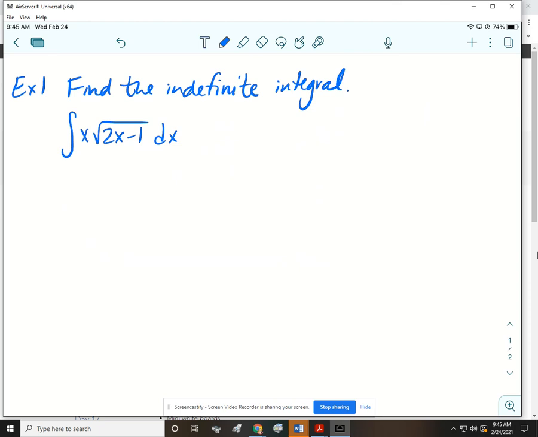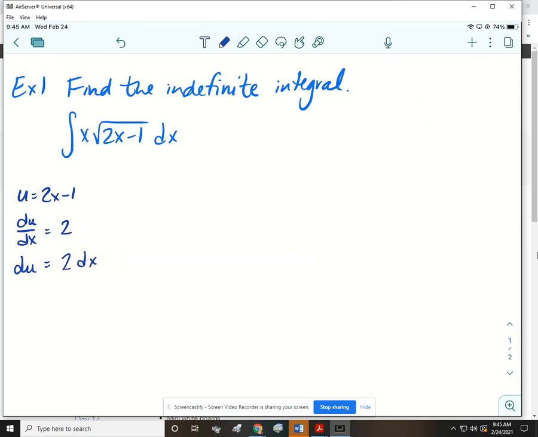Now, I can't distribute that x inside of the radical. All right, and then you can tell that there is an inner function. The 2x minus 1 is an inner function, and the derivative of that is 2. So du is 2 dx.